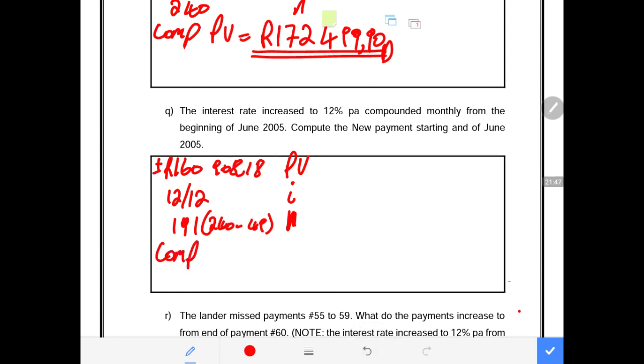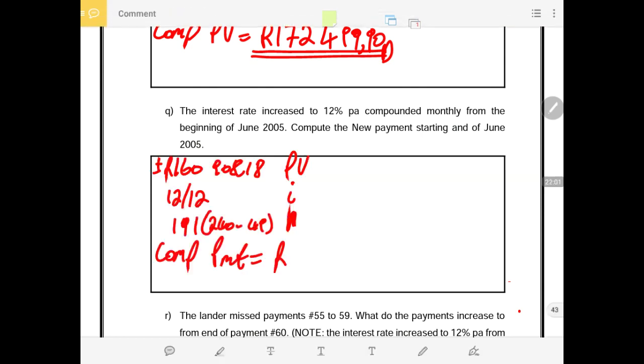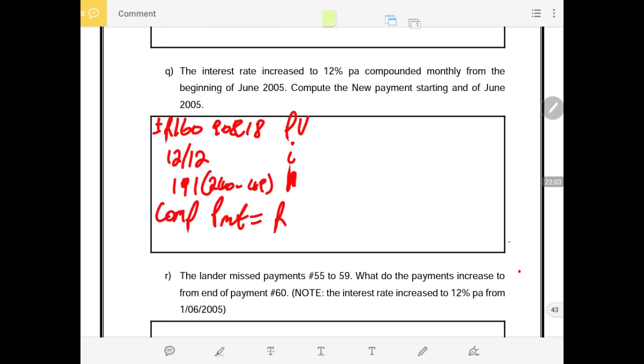We are looking for the PMT, meaning how much will be the new PMT after the change in the interest rate. Our N is 191. Please make sure that you don't clear your calculator after this calculation, because there might be a need for us to calculate using amount, meaning the balance after a certain payment was made.